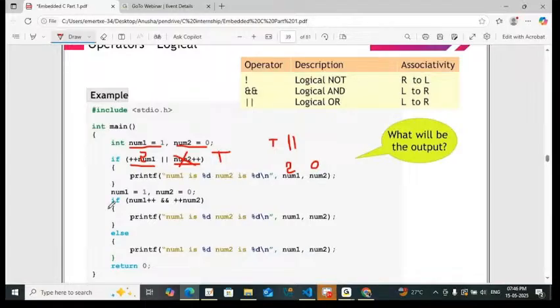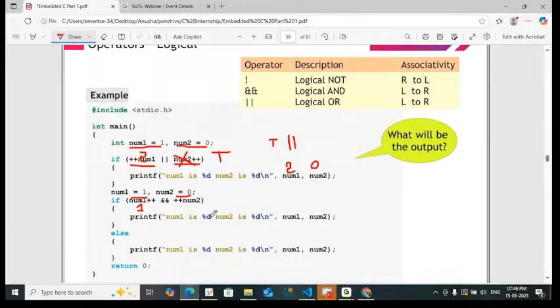Then coming to the second statement, num1 is 1, num2 is 0. So 1 plus plus, the value considered here is 1, but the next time you access num1 it will be updated to 2. This is post increment.